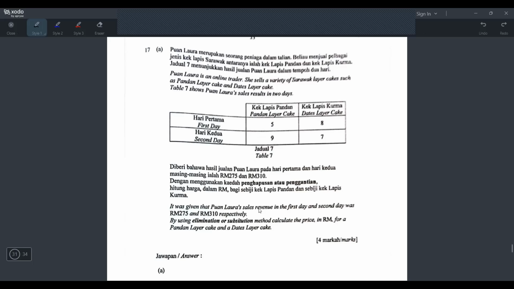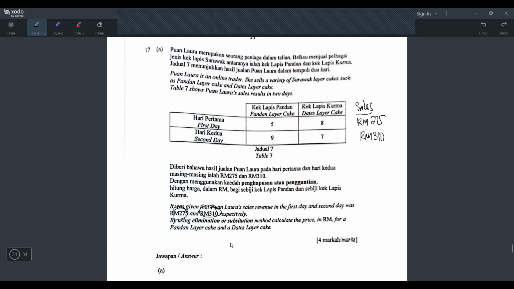It was given that Puan Laura's sales revenue on the first day and second day was 275 and 310. So the sales here is RM275 for the first day, and RM310 for the second day.